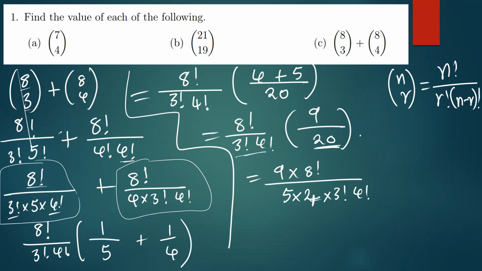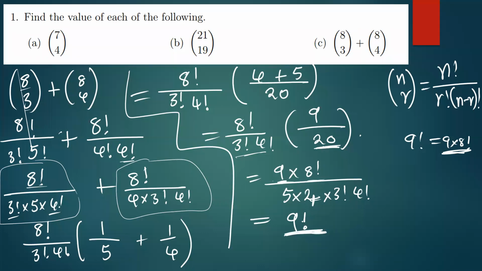So 9 times 8 factorial can also just be written as 9 factorial, because we know 9 factorial is just the same as 9 times 8 times 7 times 6 and so on. Meaning, instead of writing 8 times 7 times 6 times 5 times 4 times 3 times 2 times 1, we can just say 8 factorial. So this is why I've decided to replace it with 9 factorial.